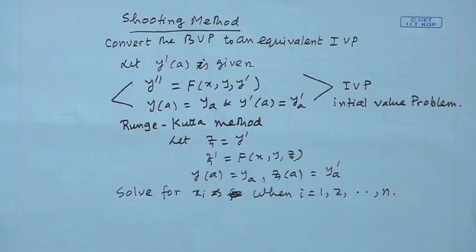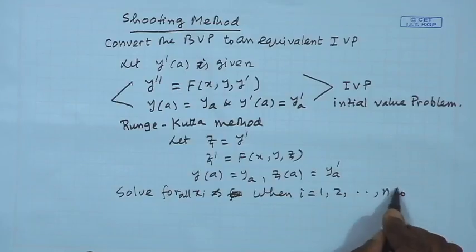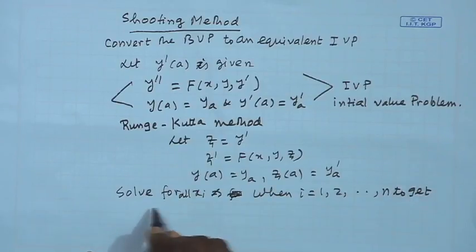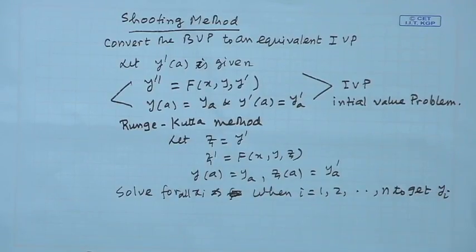Okay. So, in that process, because our task is to solve for all xi's when I equal to 1 to n to get yi. Now, our task is to get yi's.